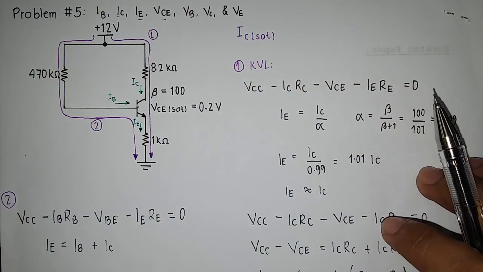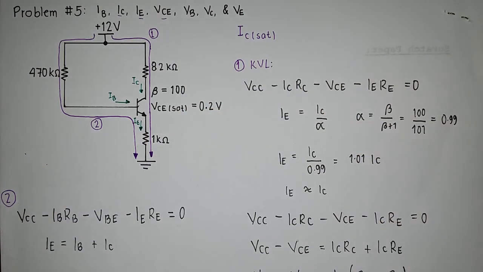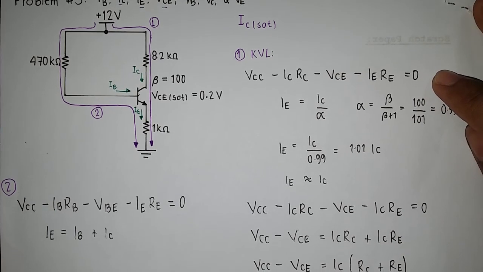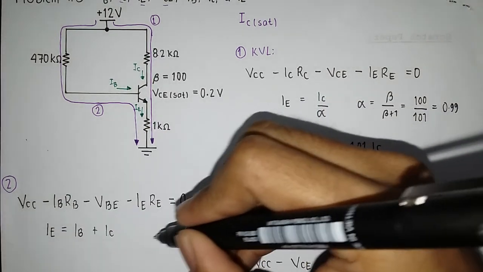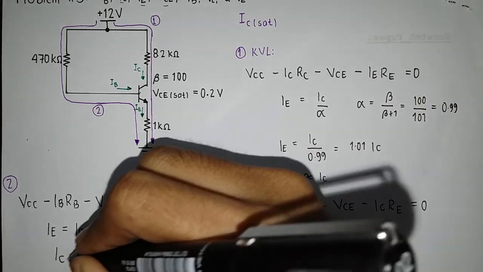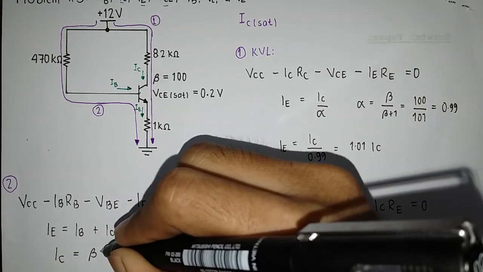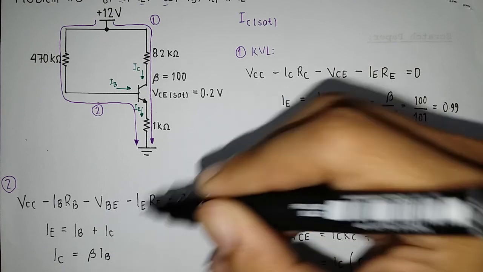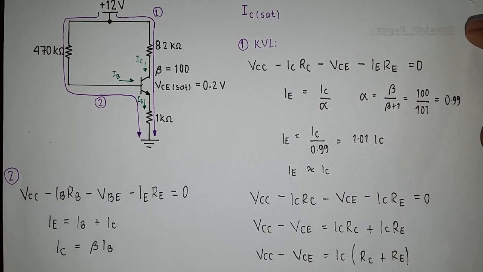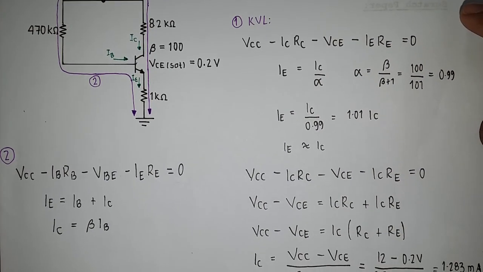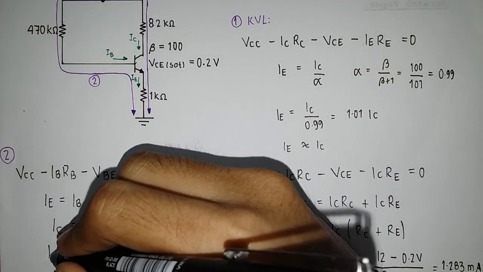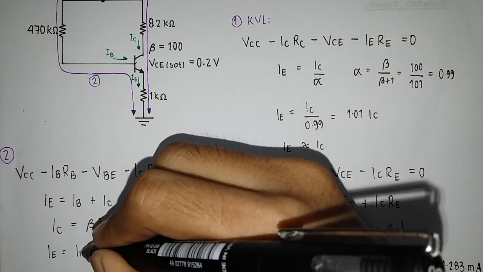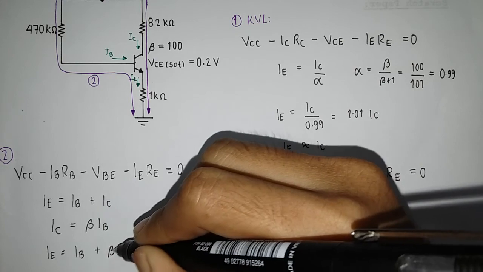Now, meron din tayong transfer function. Na IC is actually equal to beta IB. And by substituting yung transfer function dun sa KCL, makuha natin IE is equal to IB plus beta IB.